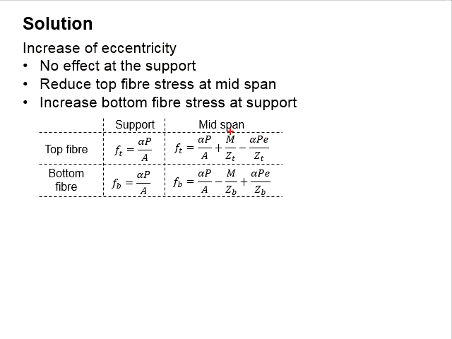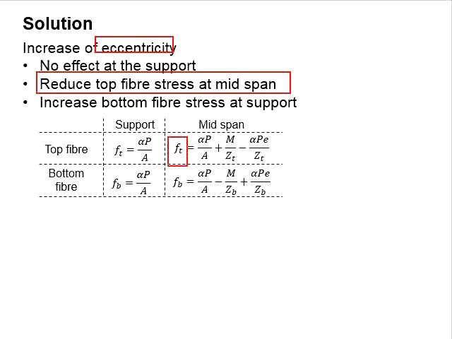The eccentricity will affect the stresses at the midspan of the beam. Based on the positive and negative values here, you will know that increasing the eccentricity will reduce the top fiber stress at the midspan and increase the bottom fiber stress at the midspan.